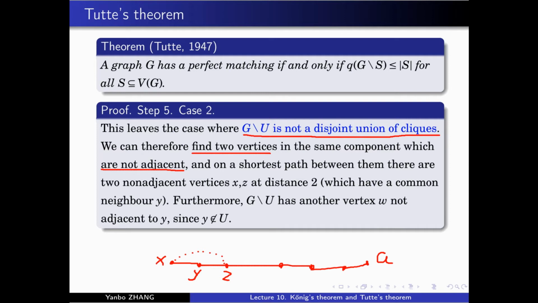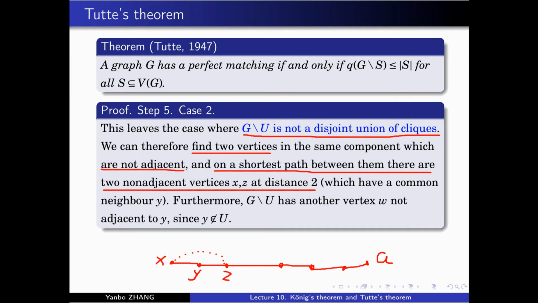So we say that on a shortest path between them, there are two non-adjacent vertices X, Z at distance 2, which have a common neighbor Y.